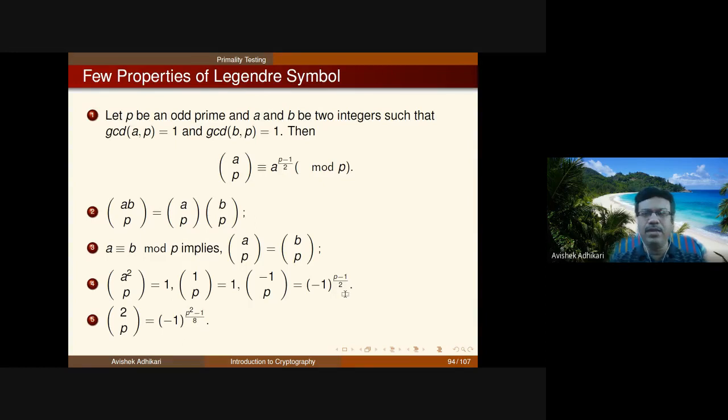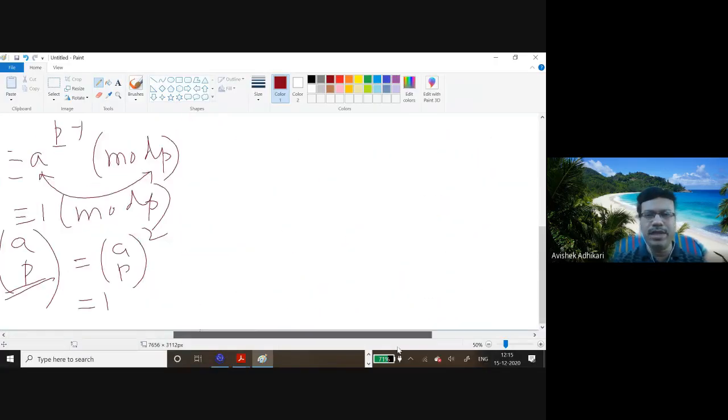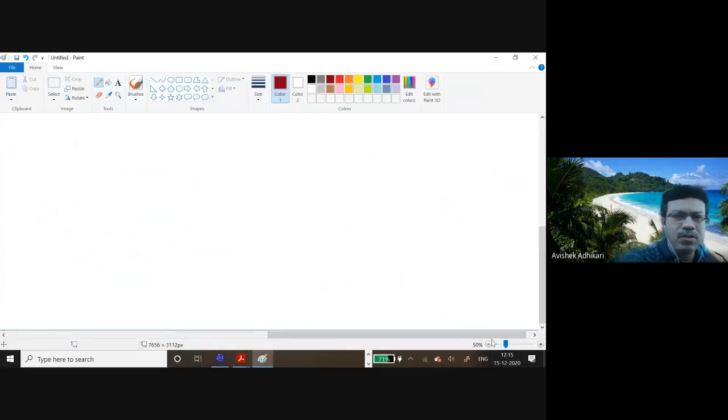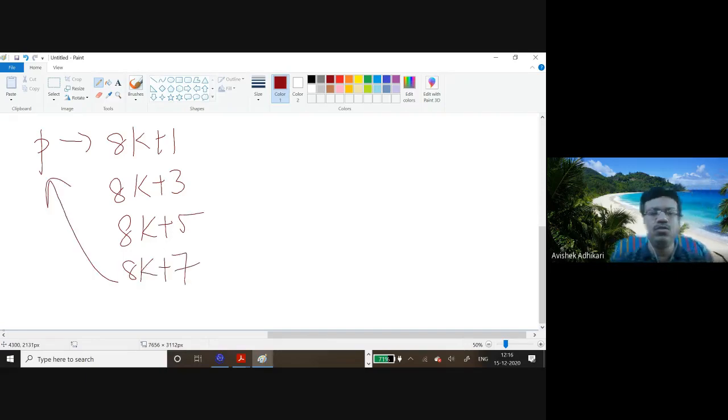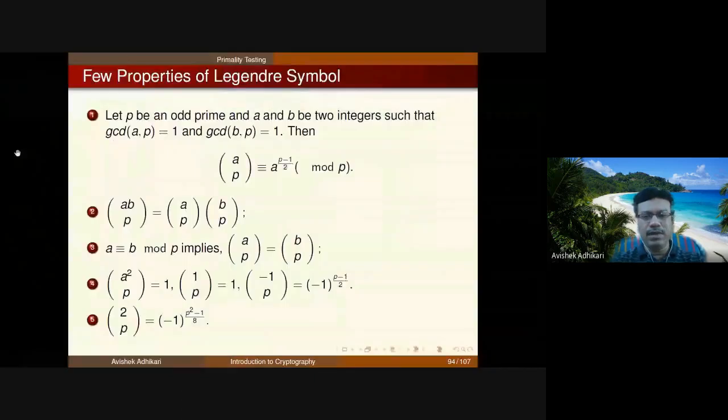So any odd prime p must look like some 8k plus 1 form, or 8k plus 3 form, or 8k plus 5, or 8k plus 7. So any p which is odd must look like any one of them. Okay. And based on that, we will have this proof technique.